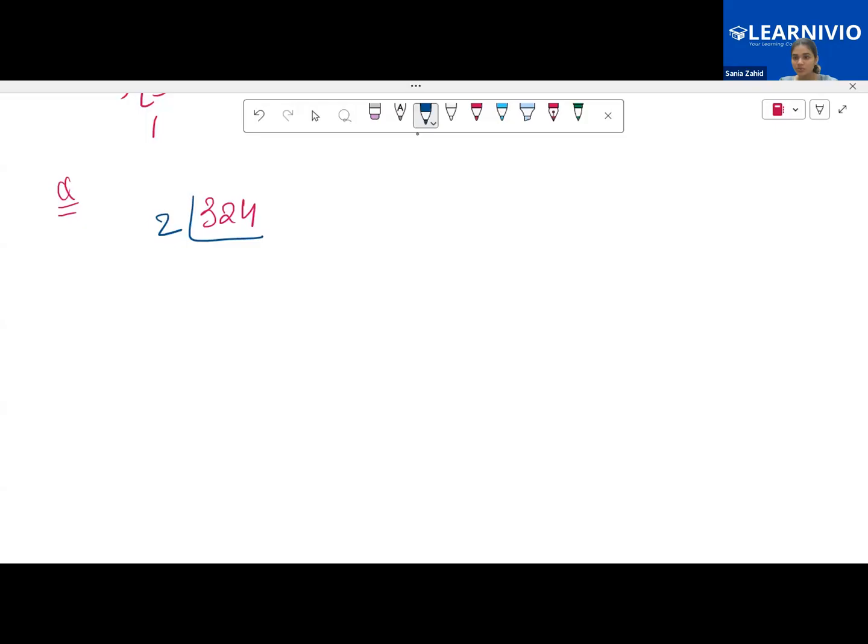Rida, am I audible to you? Yes, ma'am. Okay, one more thing, Rida, please align your camera in a way that I can see your face. Mustafa, you as well. Okay. So in 324, how will we do the prime factorization? Tell me, Rida.